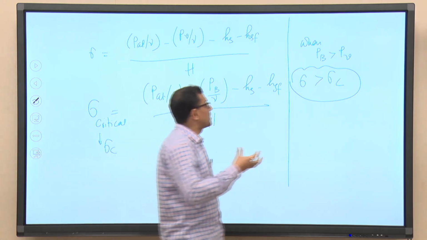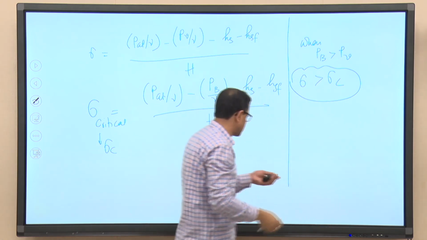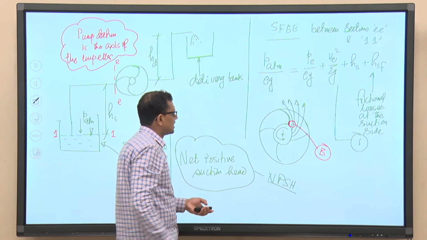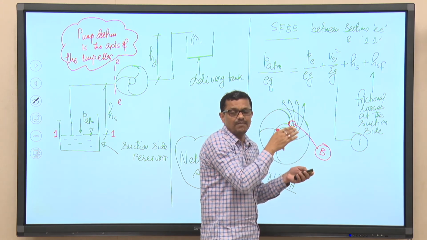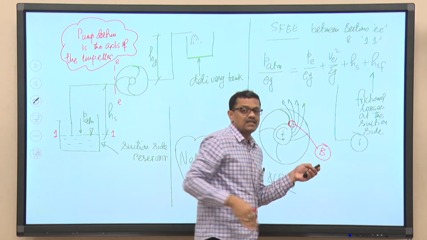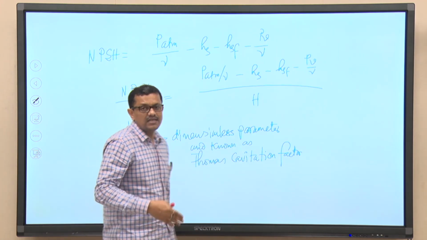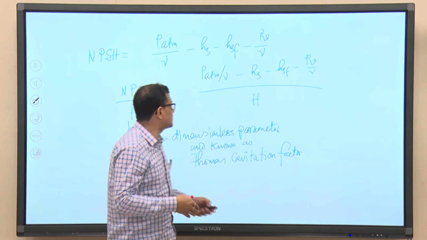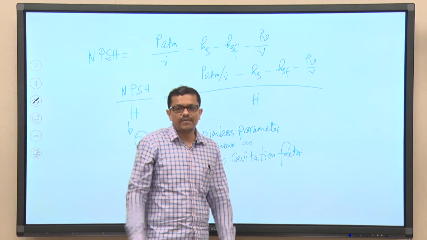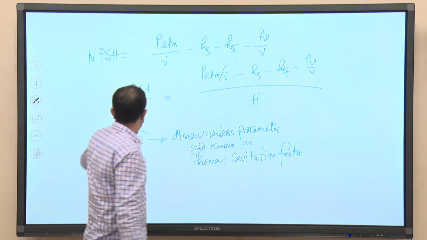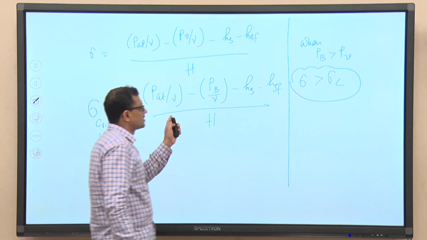So, if we now go back to this particular slide, for this particular arrangement at point B, if this pressure is the critical pressure, that is P_B, for which there is an onset of cavitation, the pressure at which there is just initiation of cavitation, that is the critical Thoma cavitation factor, and that is sigma_C.